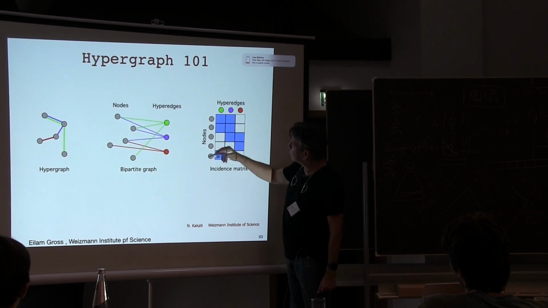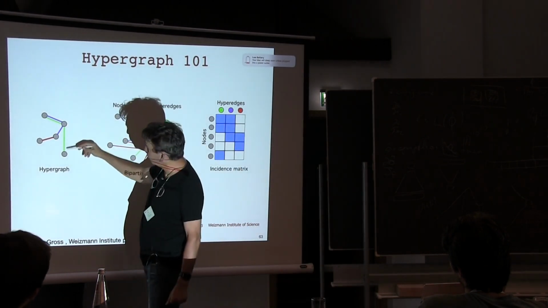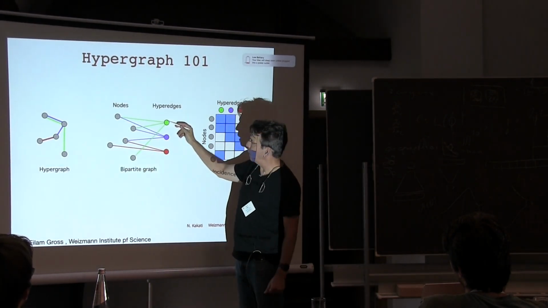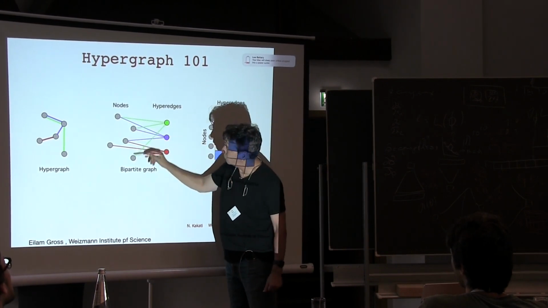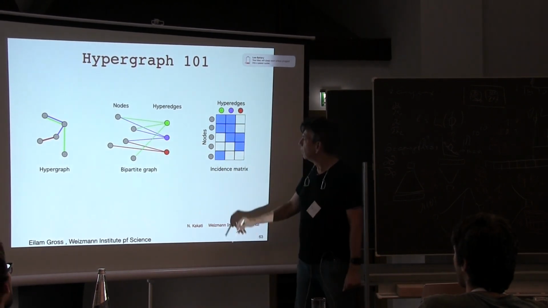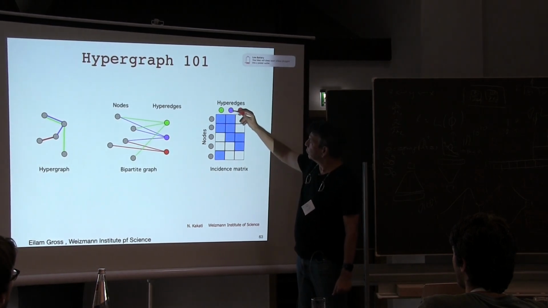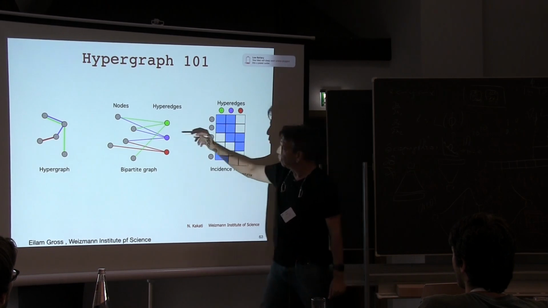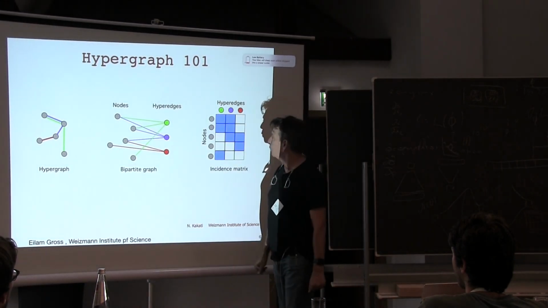Nodes 1 to 5 share hyperedge green, right? 1 to 5 share hyperedge green. Nodes 1 to 3 share hyperedge blue. 1 to 3 share hyperedge blue.